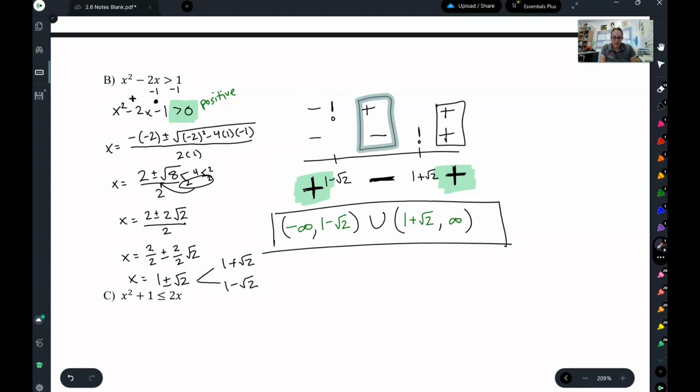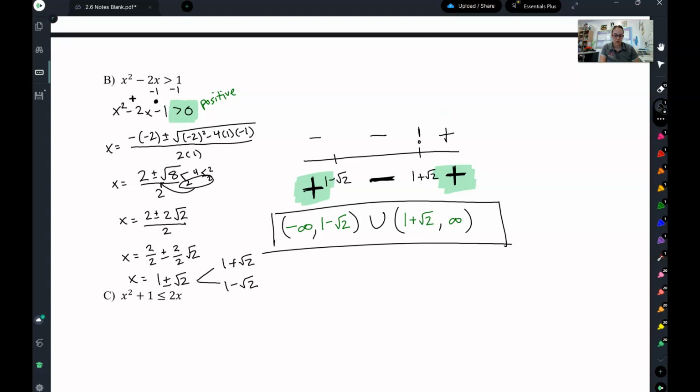But then they forget where the 0 is supposed to go, because they don't have this title over here that says where the zero is supposed to go. So let's say I did that and I forgot that I was supposed to have a 0 on each one. So I have a 0 on this one, and let's say I made the mistake and accidentally put a 0 on both of those and did left is negative, right is positive.